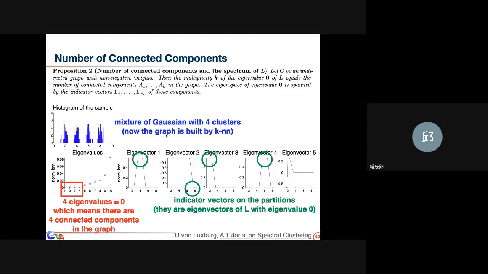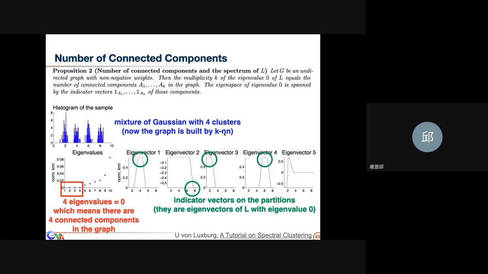But anyway, given such a 1D data set, now let's assume our graph is built by using the k-nearest neighbor, right? So that means a single data point is only connected to its first k neighbors.